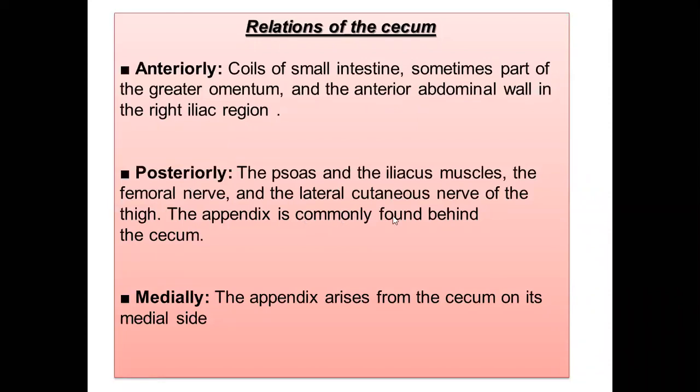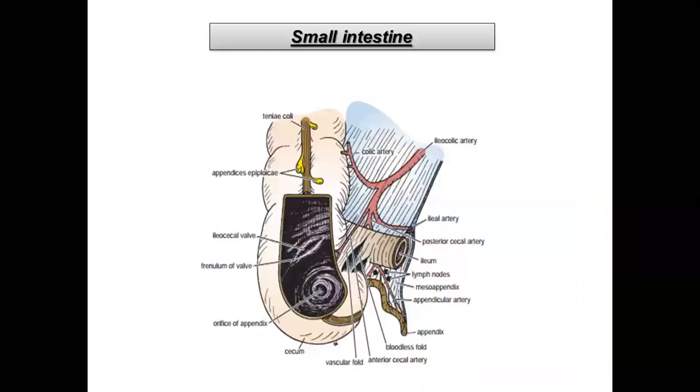The appendix is commonly found behind the cecum, as well as on the medial side of the cecum. So the appendix arises from the cecum on its medial side, and we can say it is posterior medial. Now you can see here, this part is the cecum and this opening is the ileocecal valve.